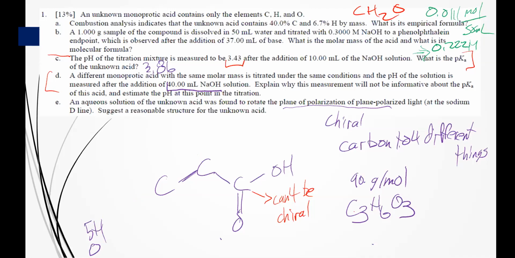So that's why we're going to make this one our chiral center. If it needs to be attached to 4 different groups, this needs to be an alcohol, this one needs to be an H, and this one needs to be CH3.